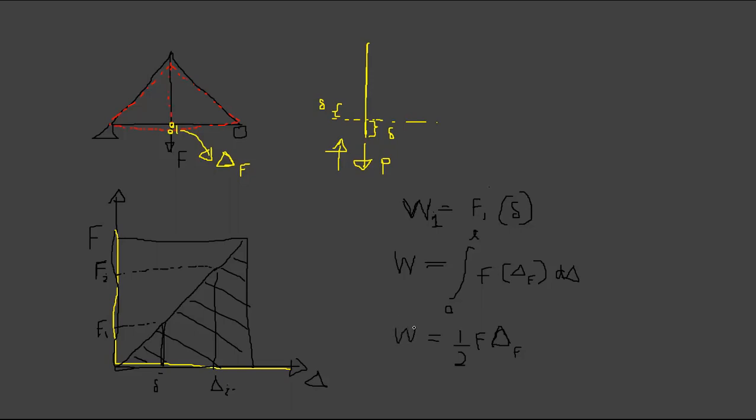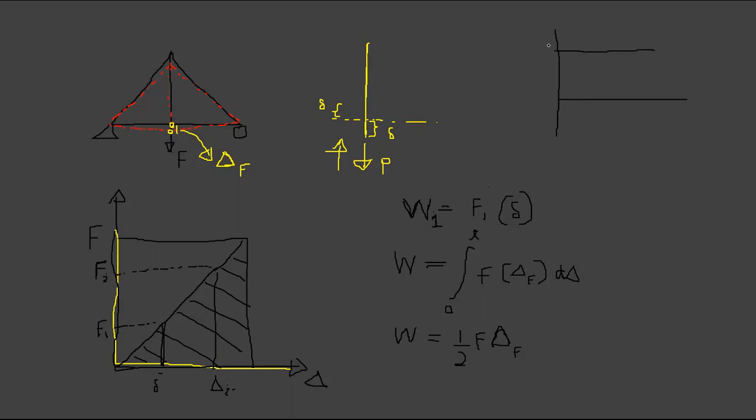So this loading is increased gradually, right? What happens if you increase the load suddenly, right? You suddenly change the load. So that means the load is almost constant, right?